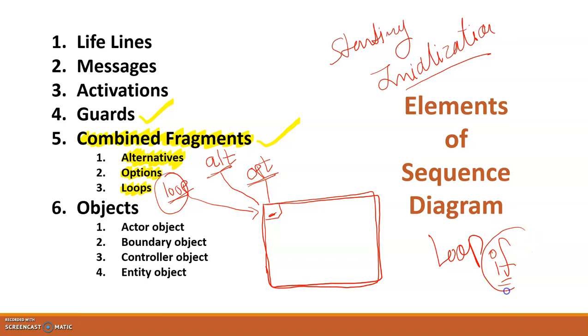And if it's a case of if, we need a certain condition, some value we need, right? And to show that condition or to show that initialization and termination, we have guards. So let's understand guards and combined fragments together with one example.